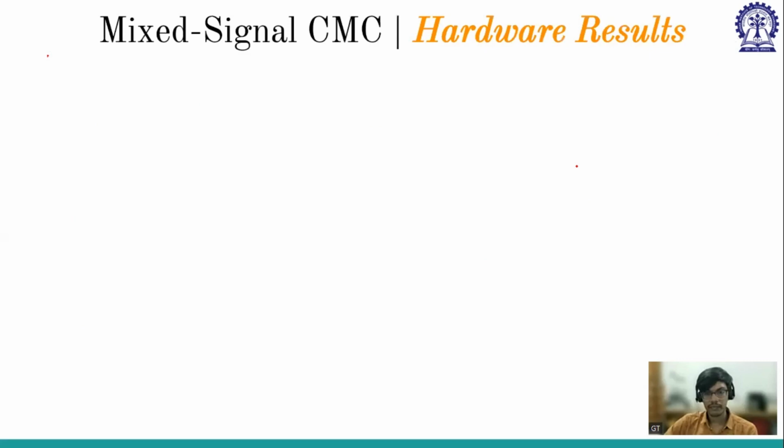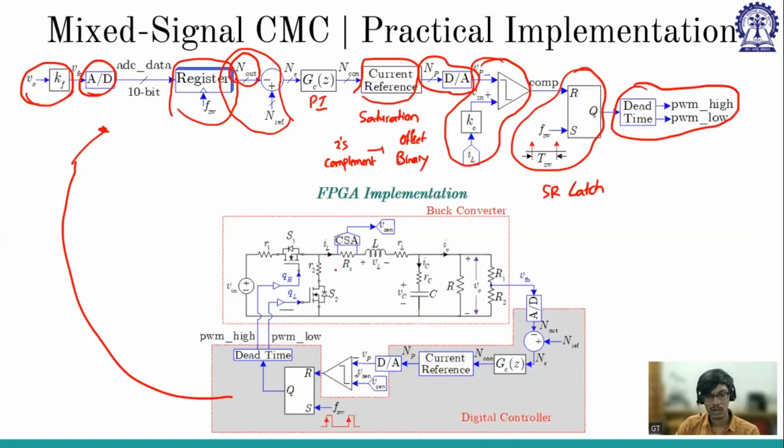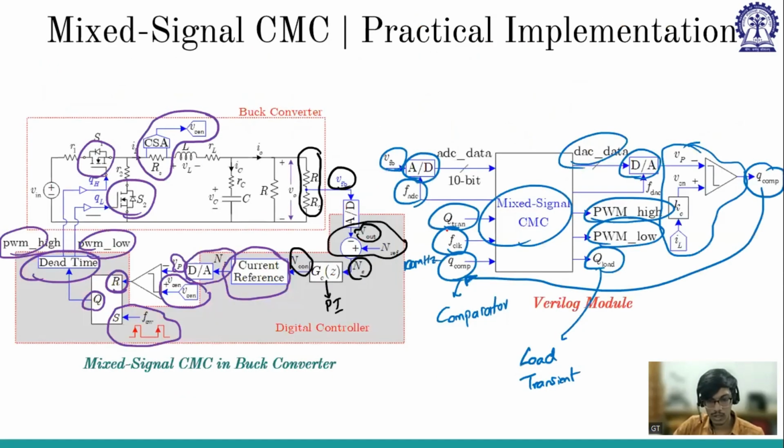Now, let us quickly see some hardware results. Sir, that Qtran is used to select between DCM and CCM, right? No. This Qtran can be either 1 or 0, and one is reference transient, and one is for load transient.